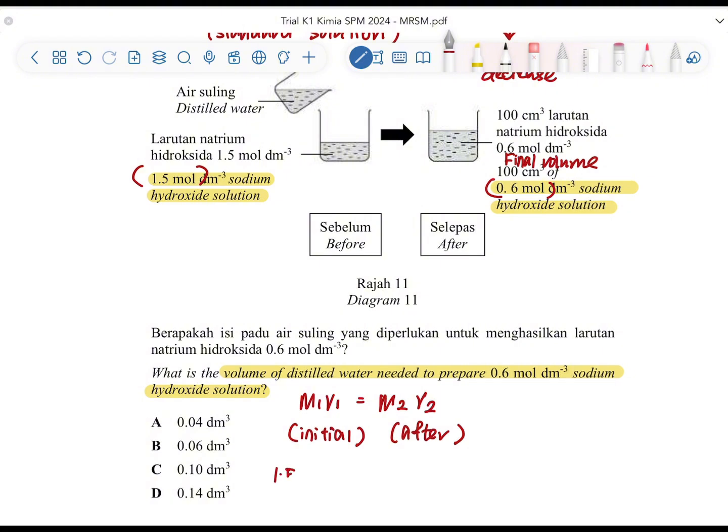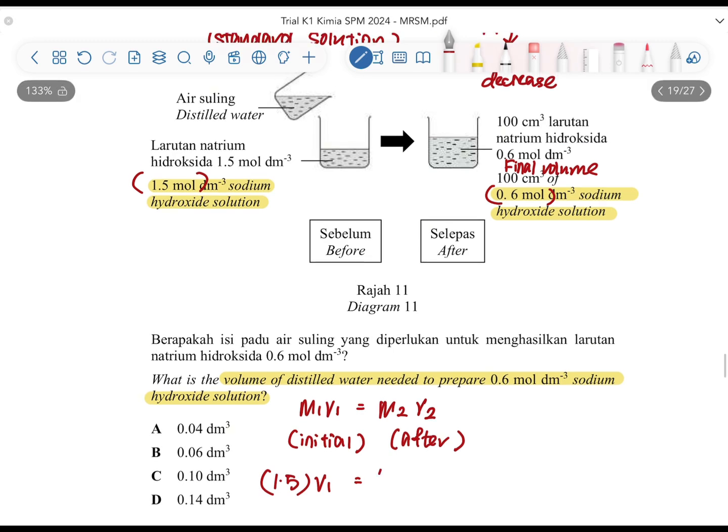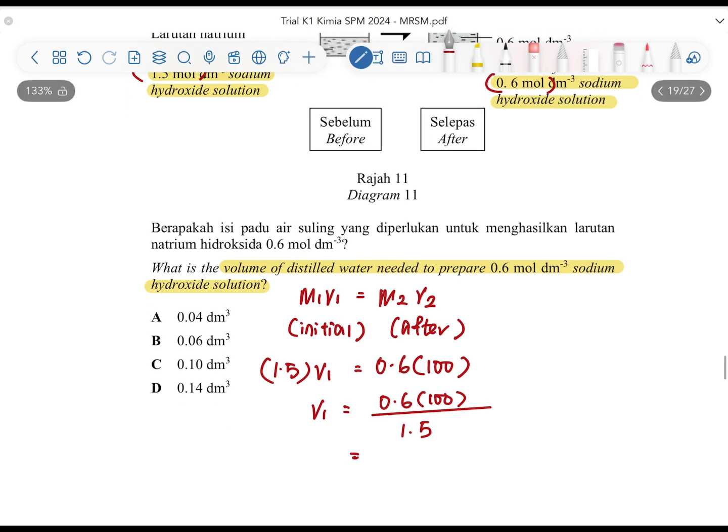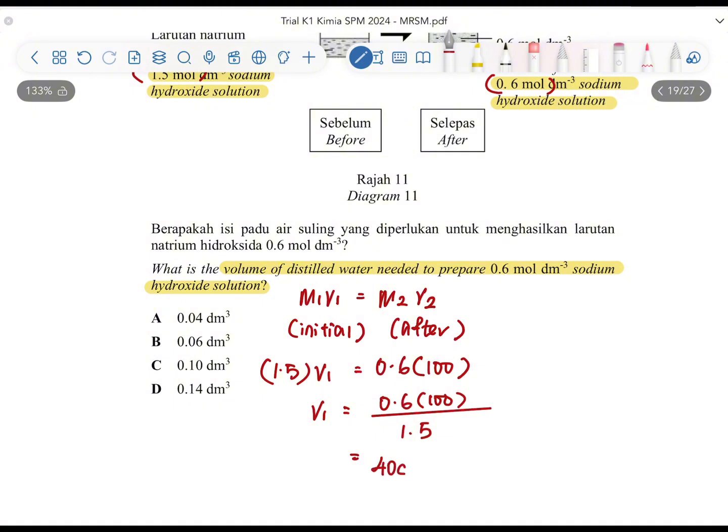We just put the amounts in: 1.5 times V1 equals 0.6 times 100 cm³, and then V1 equals 0.6 times 100 divided by 1.5, which is equal to 40 cm³.